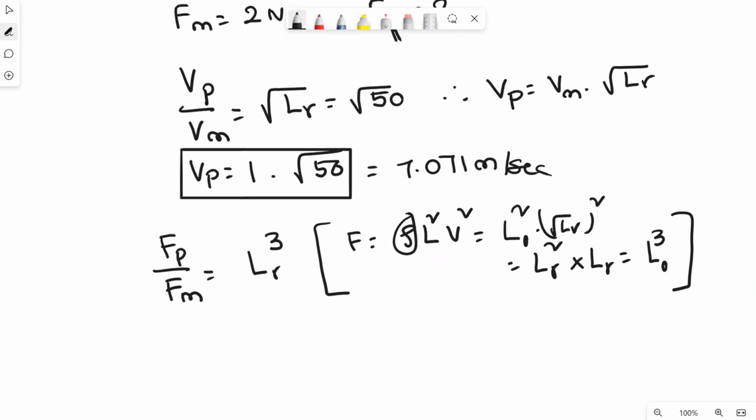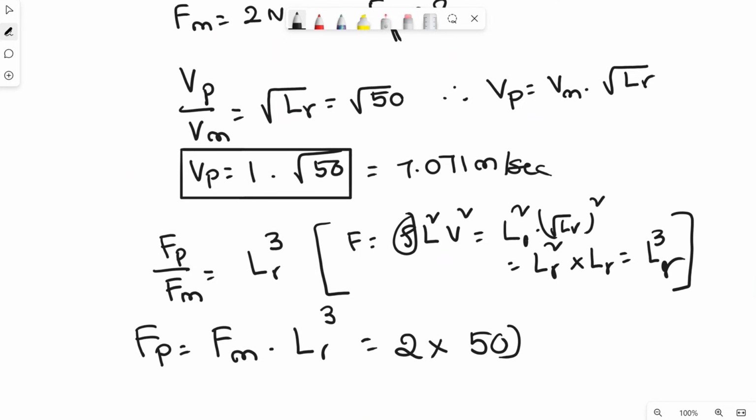Now Fp is equal to Fm into Lr cube, which is 2 into 50 cube. If I do this exercise, I get 250 kilonewtons. So this is another problem, right?